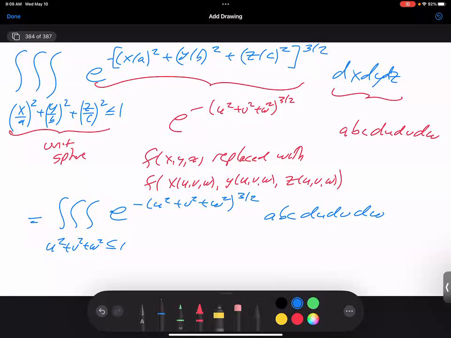Any thoughts on how we would then deal with this integral? What should we do now?